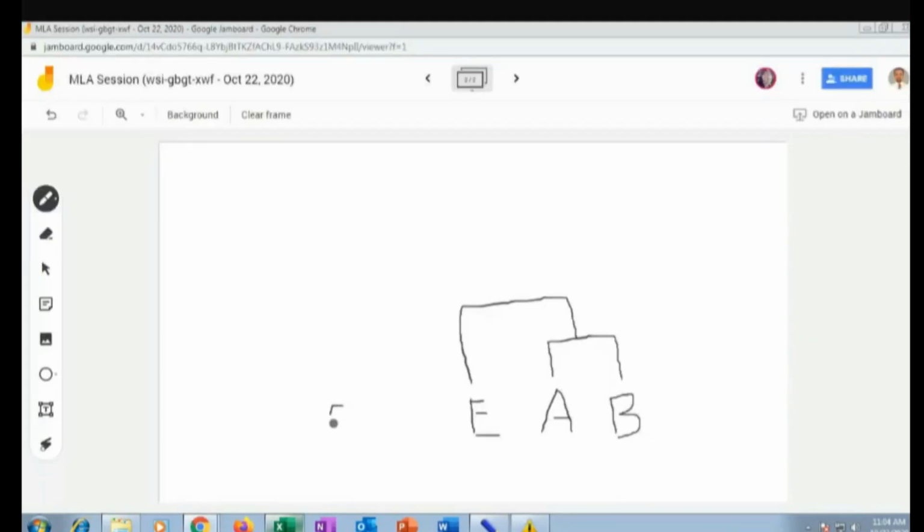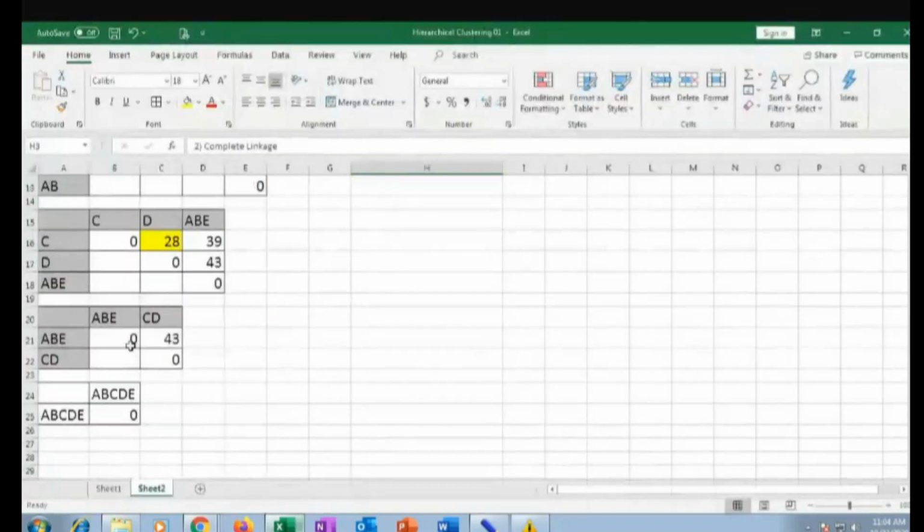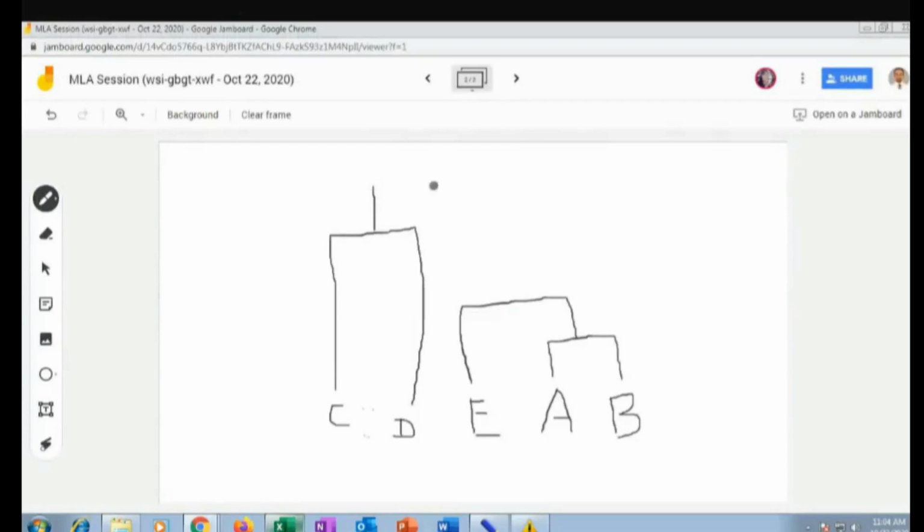So here you can see CD separately. They are merged. So I'll just write D a little over here. And then A, B, C, D, E. So here this is merged together.